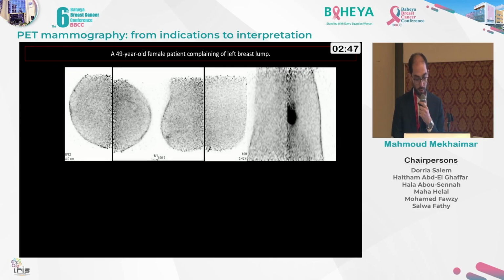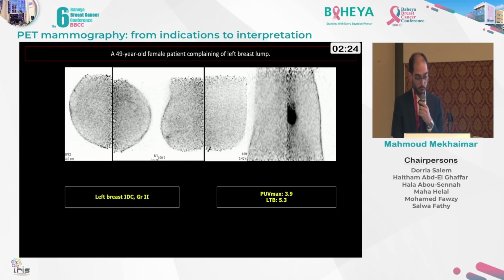For this patient, we proceeded with the BIM, not contrast, as the patient had a previous severe reaction to contrast medium. The BIM revealed a left breast axillary mass lesion, FDG avid uptake, reading SUV max 3.9 and LTB 5.3. No other breast lesions were noted. Biopsy was done and revealed left breast invasive duct carcinoma grade 2.